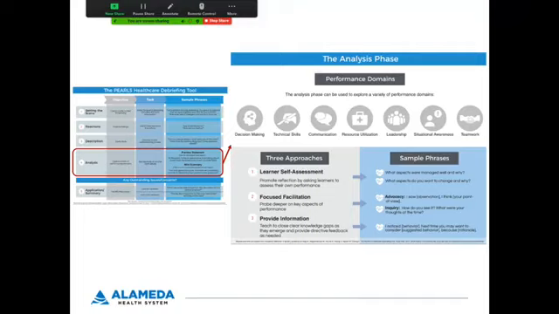One of the big skills used here is called advocacy and inquiry. Advocacy is where you advocate for what you observed, and the inquiry is asking, can you tell me more?